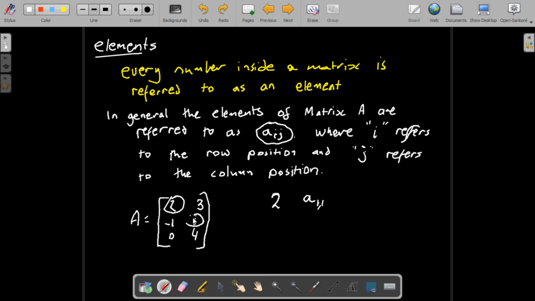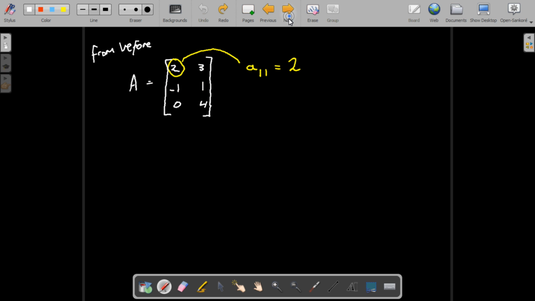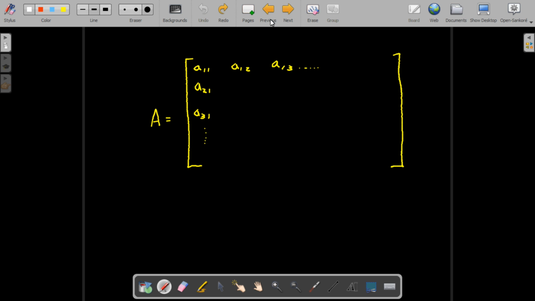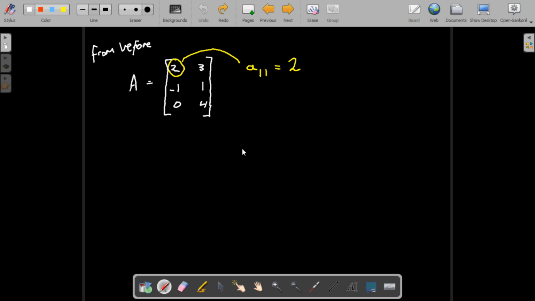This one here, 1, would be matrix A, second row, second column, with a comma between them. So a_11, row 1, column 1, is 2. This is my element. My element a_11 is 2.